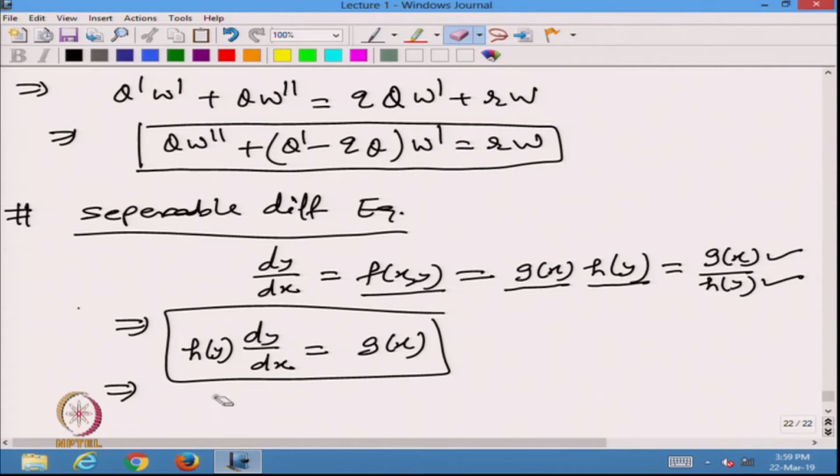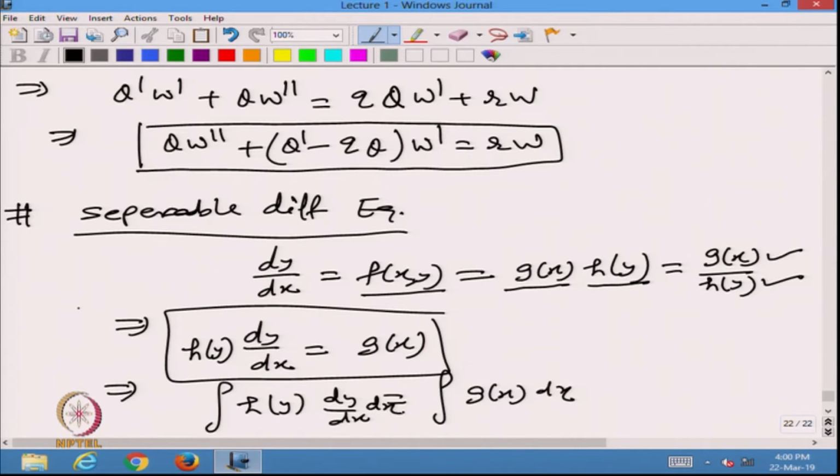What I do is integrate this one on both sides with respect to x. I have h(y) dy by dx is equal to g(x), and with respect to x I am integrating. Now, I want to solve this differential equation. It can be solved because the problem here is integrable, but how do we solve this one?